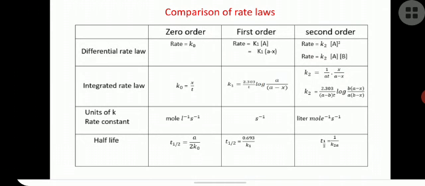Now the half-life period for the zero order reaction is t half is equal to a divided by twice k0. For first order reaction, t half is equal to 0.693 upon k1. And for second order reaction, t half is equal to 1 upon k2 a.